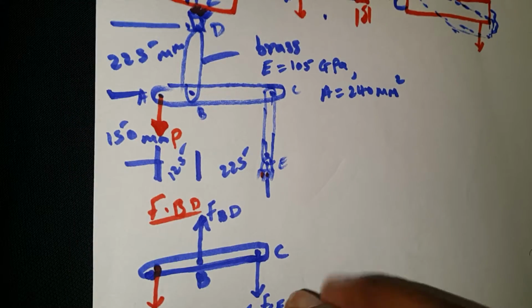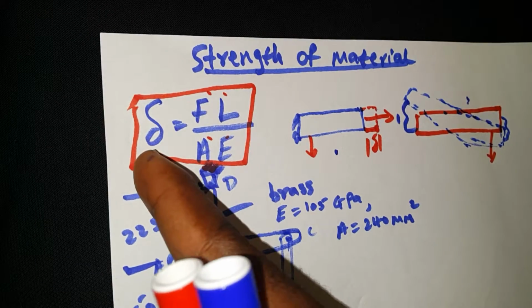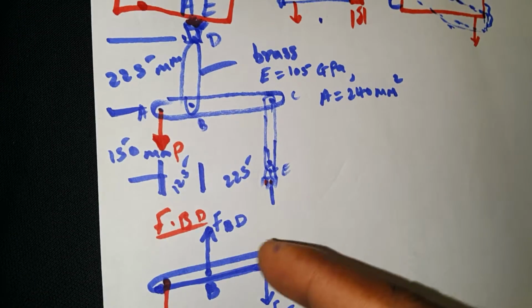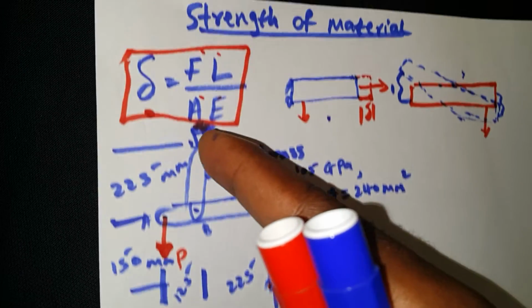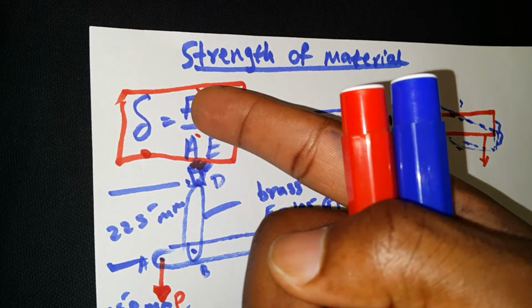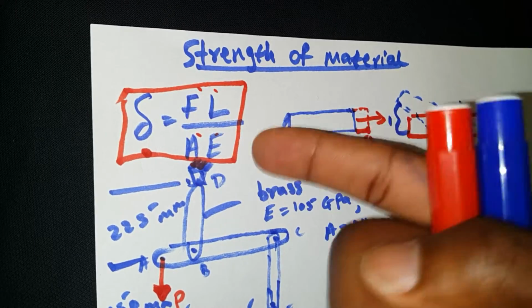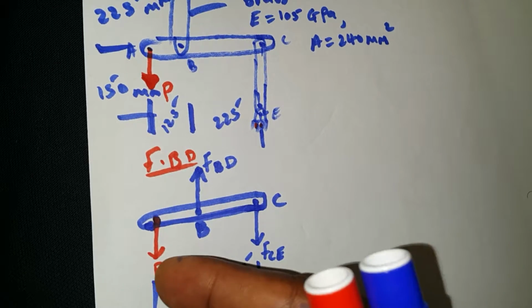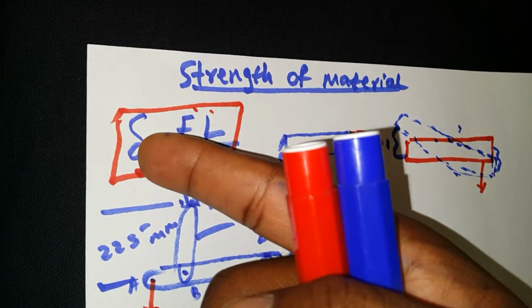Now we are trying to look at this place. We are trying to find this in this member. We don't know this force. We know the area, we know Young's modulus, but we don't know P. Had we known P, we would only need to find this.